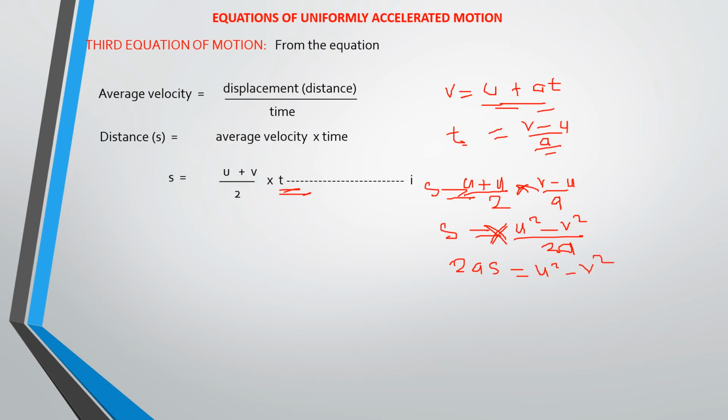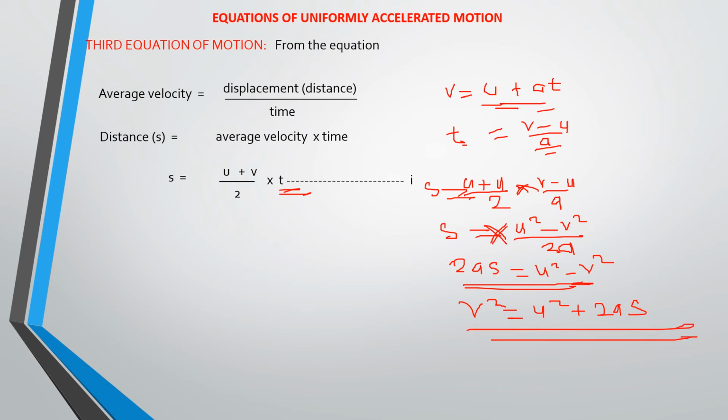And when you rearrange this equation, you will have that v squared is equal to u squared plus 2aS. So this is your third equation of motion.